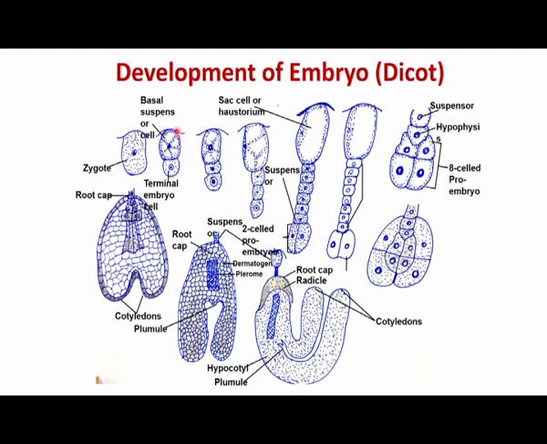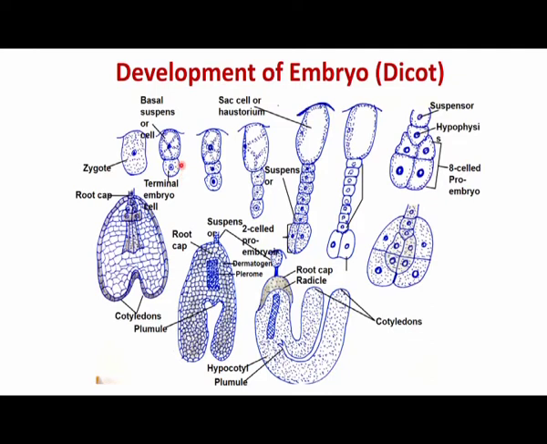One, which is slightly bigger in size and still attached to the wall, is called the basal suspensor cell, and the other cell is called the terminal embryo cell.